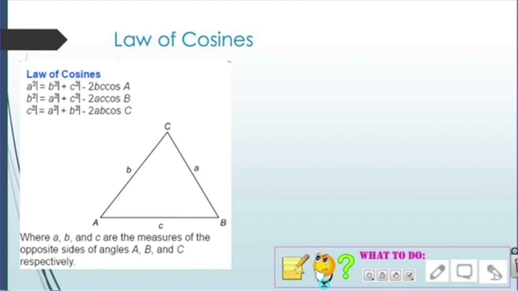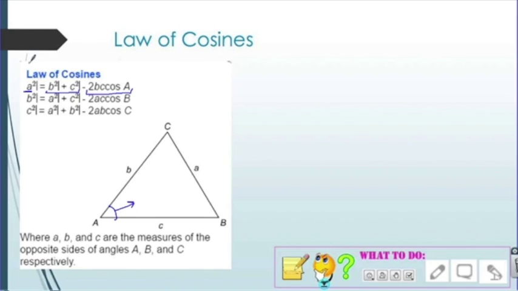Here is the law of cosines. It's a little bit more complicated. It looks a little bit like the Pythagorean theorem, but there's quite a bit more going on. The angle is the same concept, where we have angle A and across from that is side A. The side in question squared is equal to the squares of the other two sides added together, minus 2 times the other two sides times the cosine of the angle in question.